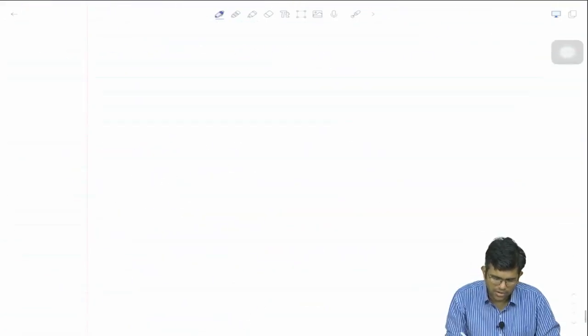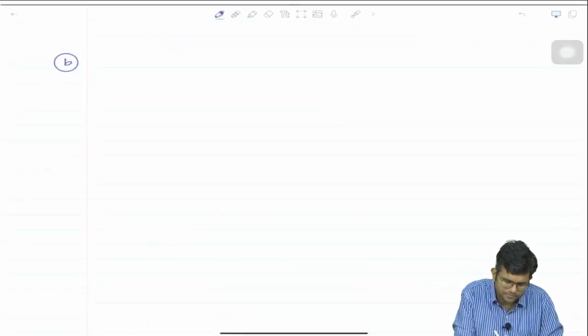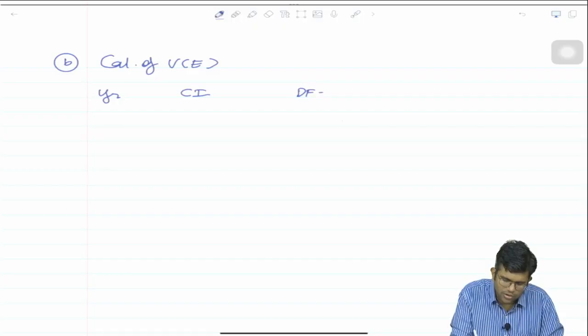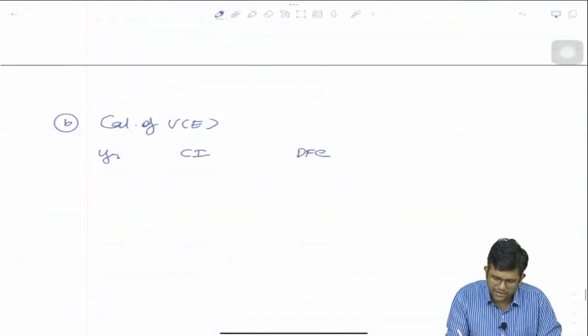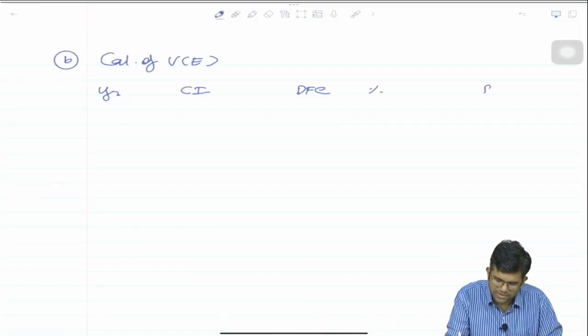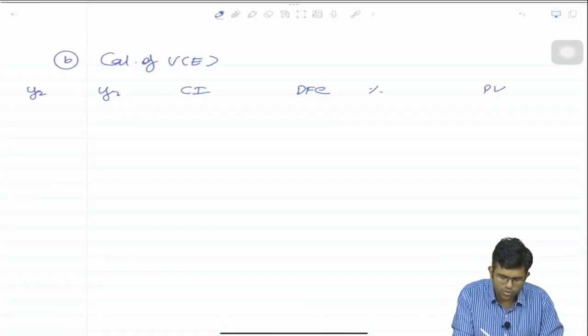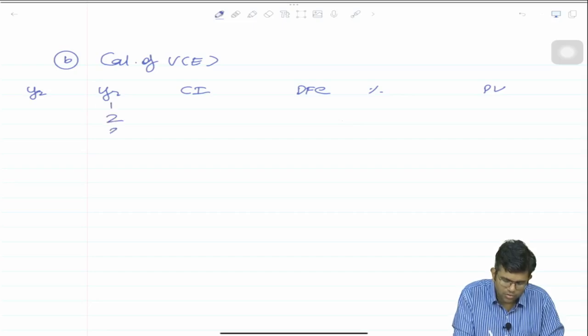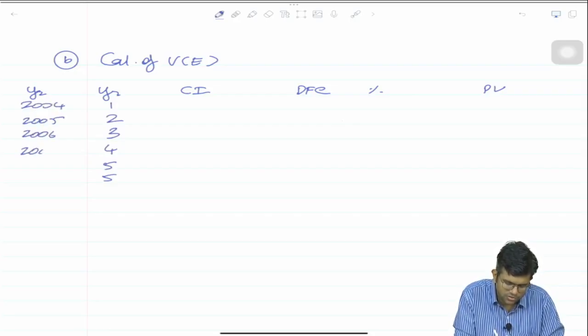Okay. So I'll write here point number B, calculation of V bracket E. Here cash inflow, discounting factor at the rate I don't know, and this will be present value. In fact, I'll put here 2 columns. Now listen, 1, 2, 3, 4, 5, 5 means 2004, 2005, 2006, 2007, 2008 and 2008.